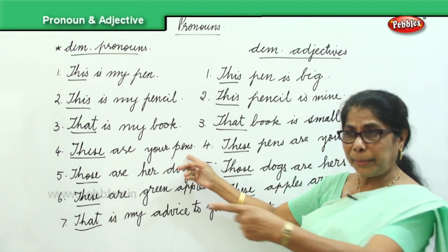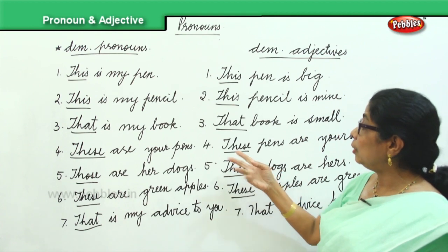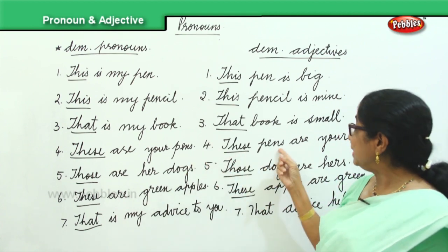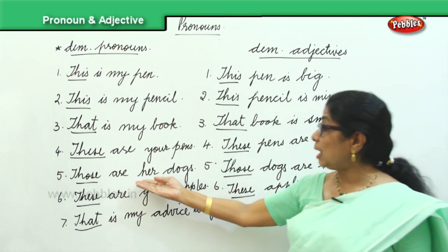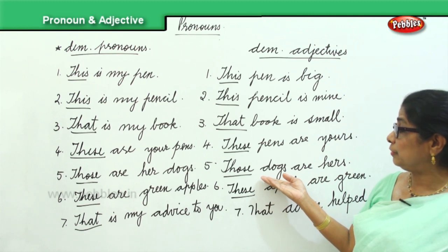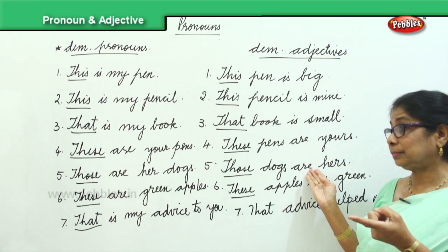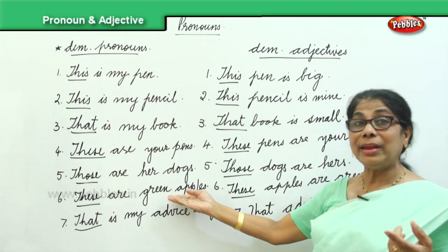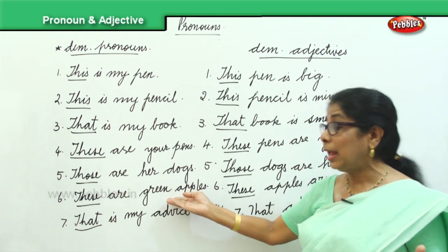Those are your pens. In adjective, you will say, these pens are yours. Those are her dogs. In demonstrative adjective, you will say, those dogs are hers. These are green apples. That is demonstrative pronoun.